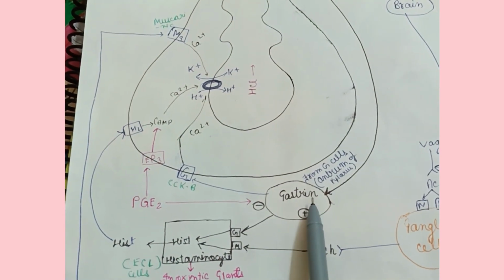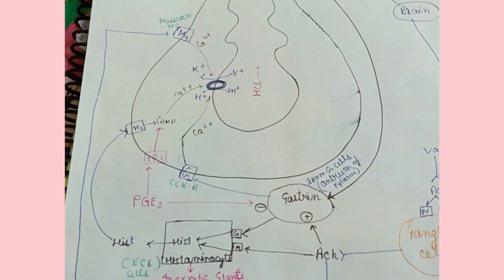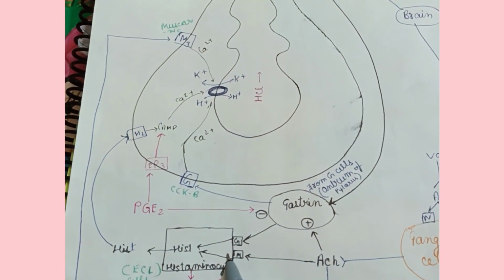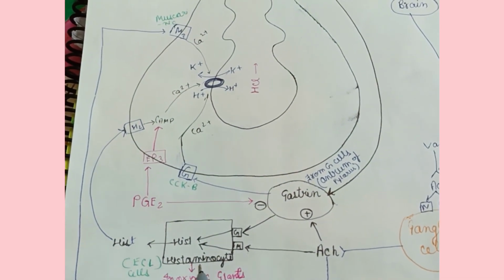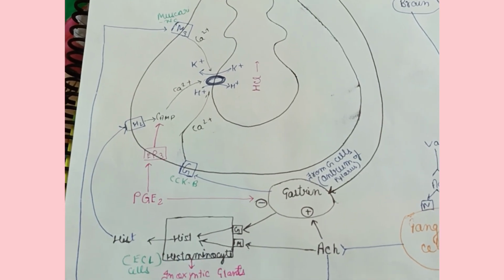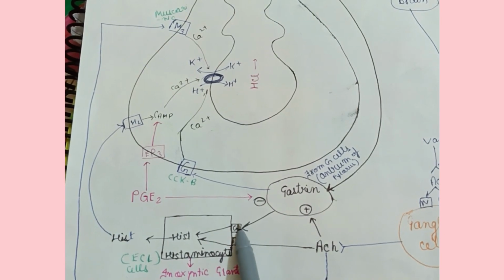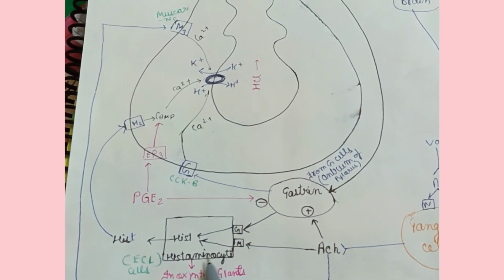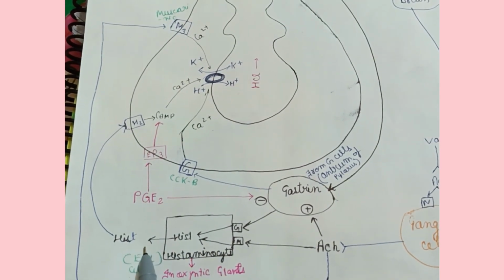And secondly, gastrin could also increase the secretion of HCl indirectly by acting on its receptors present on histaminocytes. What are histaminocytes? Histaminocytes are the cells which secrete histamine. Here gastrin acts on the receptors present on the histaminocytes. By this, histamine is secreted out of the histaminocytes.